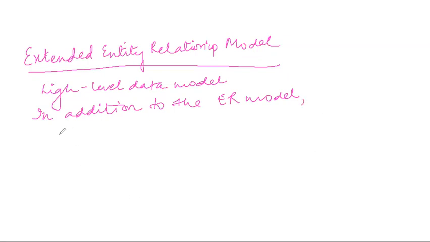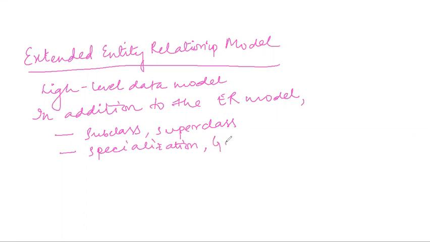what are the concepts that this extended ER model includes? The first is the concept of subclass and superclass. Next is the concept which you have already learned, specialization, generalization.